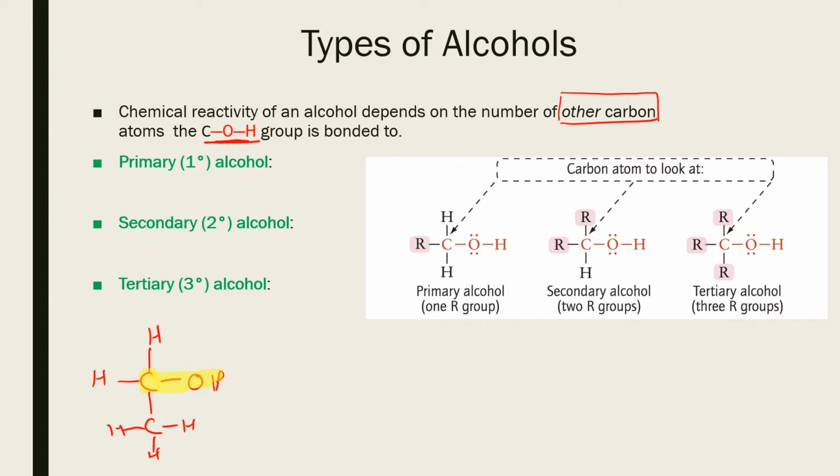In this case, the carbon atom which is linked to the OH group is connected to only one more carbon atom. So these kinds of alcohols are categorized as primary alcohol, and primary alcohols are denoted by this symbol, 1 with a degree sign. So primary alcohols are those alcohols where the carbon atom linked to the hydroxyl group is connected to only one more carbon atom.